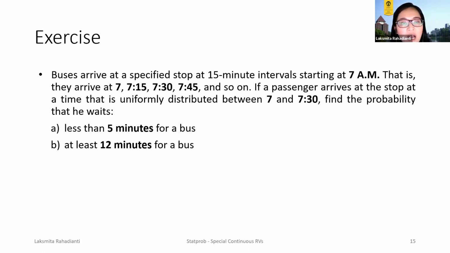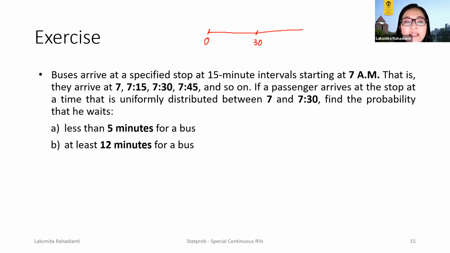So here, the 7 is a red herring. You don't really need to think about 7 o'clock here, because if you consider this interval between 7 and 7:30, it's still 7. What you need to think about is the minutes. So here we have 0, we have 15, and we have 30, 7:30. I'm going to forget about the 7 for now. I know I should not have used red, I'm sorry, but let's just continue.